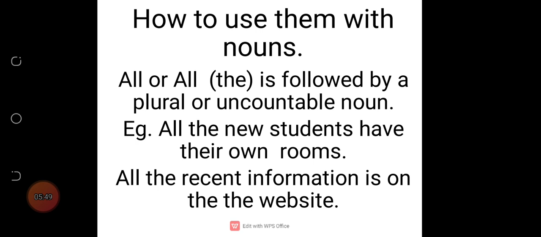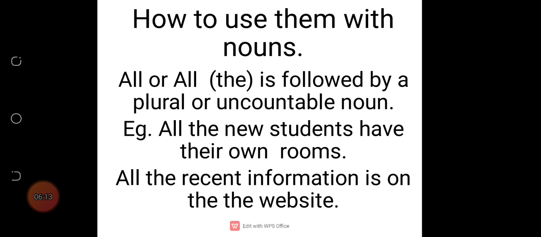Then the second one says, all the recent information is on the website. You realize that information here is an uncountable noun, and it doesn't have a plural form. That is why we see it this way. Do you understand?